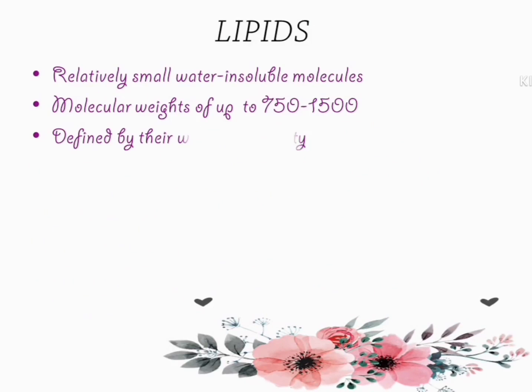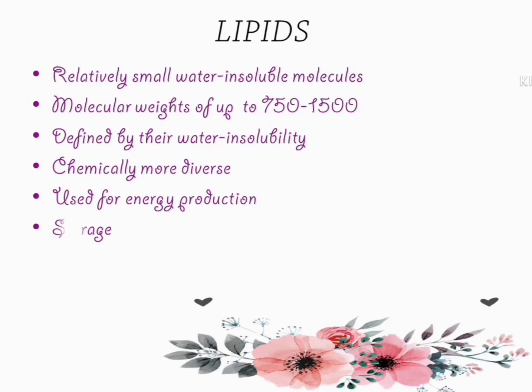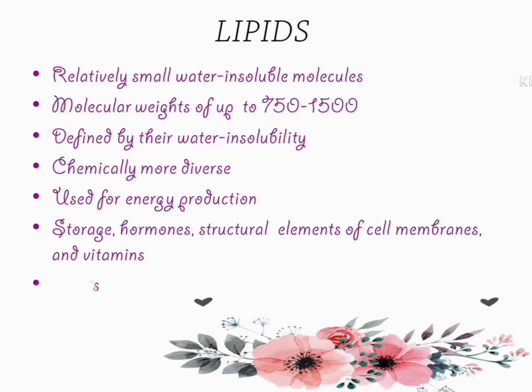Lipids. Lipids are relatively small water insoluble molecules with molecular weights of up to 750 to 1500. Because they are defined by their water insolubility, they are chemically more diverse than the other classes of biomolecules, with about half a dozen major types.